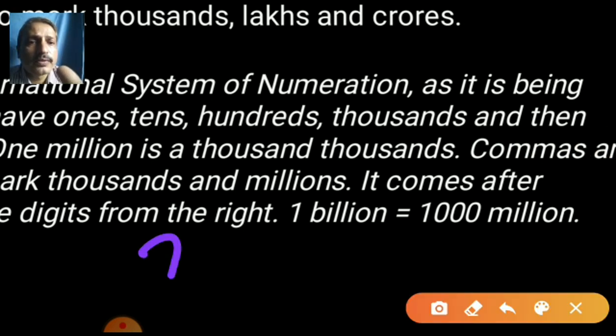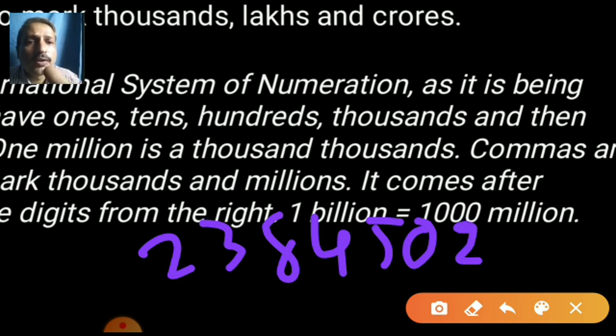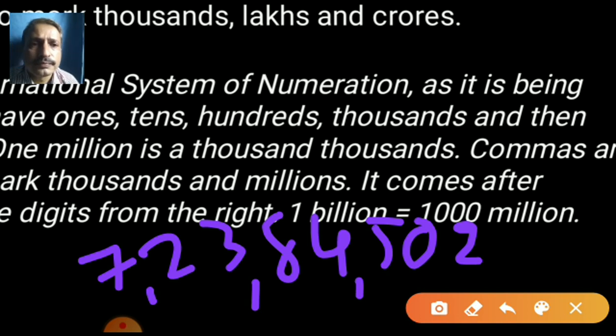Just now I said 7, 2, 3, 8, 4, 5, 0, 2. Like this, one number is there, student. Whatever number you can write. See, according to the Indian system, we put 3 digits and then 2 digits each. And how to read it? 7 crore 23 lakh 84,502.